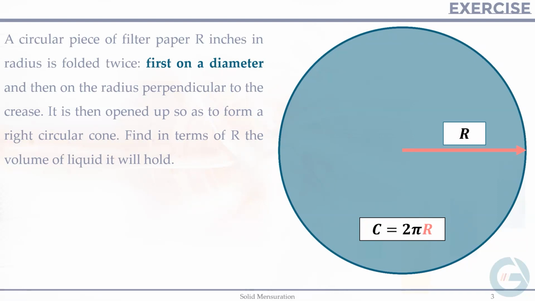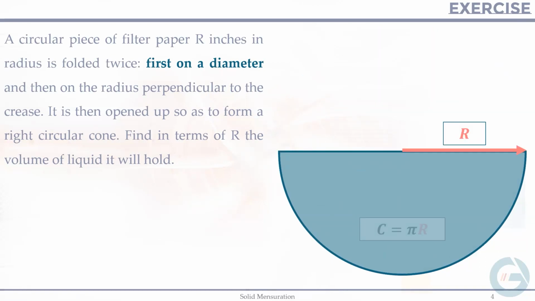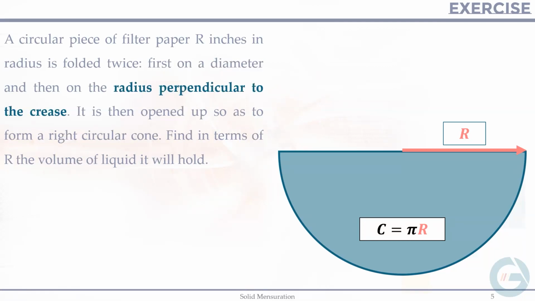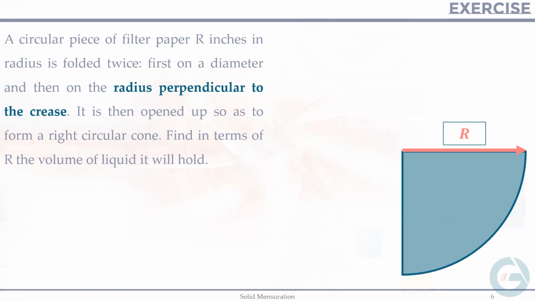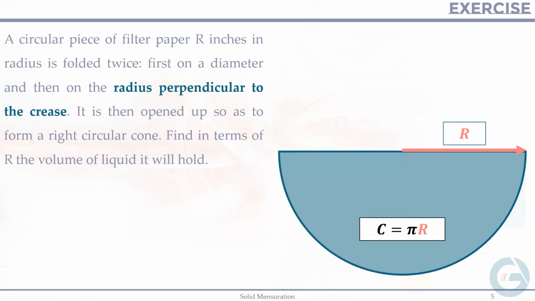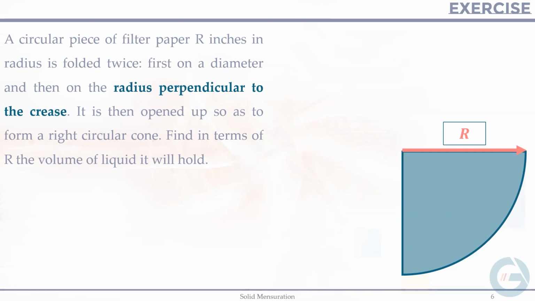From 2 pi r, it will be half, pi r only. Next, it will be folded along the radius. What happens to the circumference now? The circumference of this paper is now 1/2 of pi r.